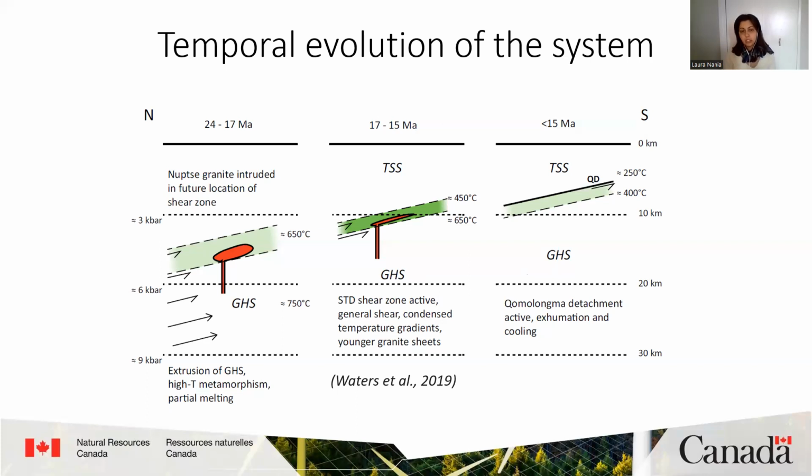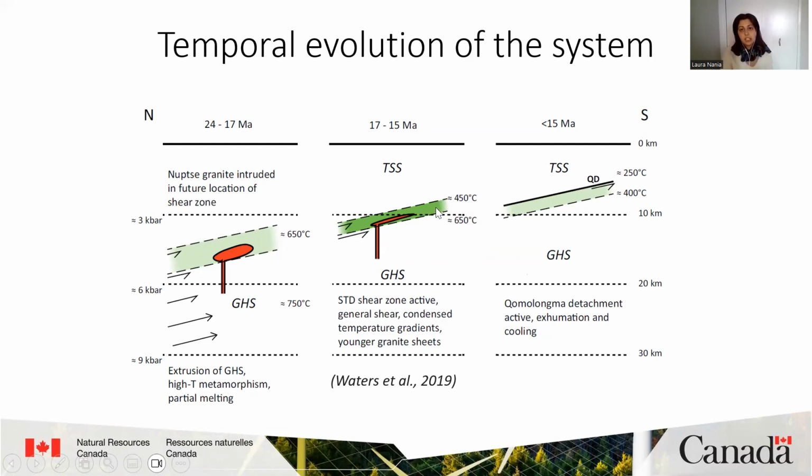Here is a summary picture from a review by Waters et al. 2019, showing the coupling of the Greater Himalayan sequence, GHS, and the Tibetan Himalayan sequence, THS, in this picture, where we have this high-strain zone passing from amphibolite facies toward lower grade rocks at the hanging wall, from 650 to 450 degrees Celsius in the mylonitic zone.